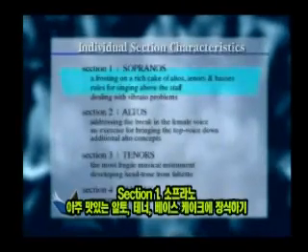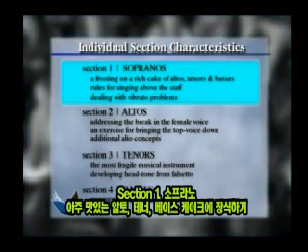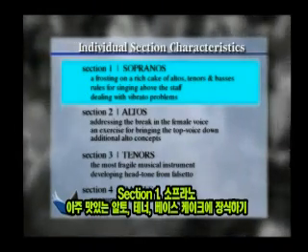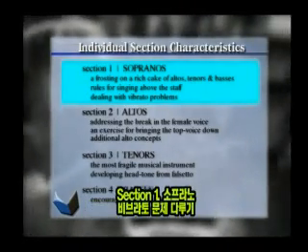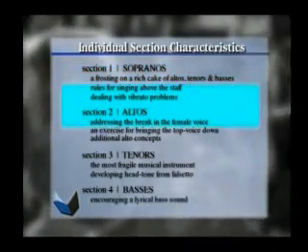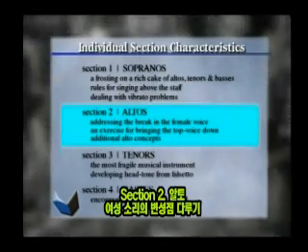Individual section characteristics. Section 1, Sopranos. A frosting on a rich cake of altos, tenors, and basses. Rules for singing above the staff and dealing with vibrato problems. Section 2, Altos. Addressing the break in the female voice.